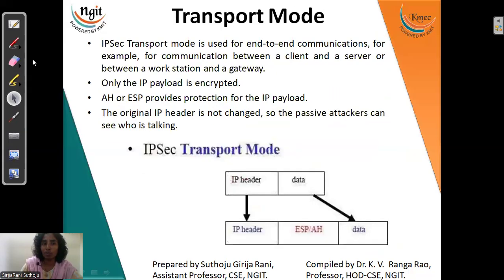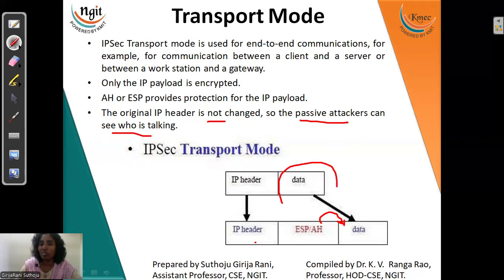Now coming to the transport mode. Here, as we are discussing direct communication from host A to host B, we need security in terms of ESP directly on the data, because here the IP address will not be hidden. Whatever the IP address is will be shown directly. Thus, the attackers can understand to whom we are connecting, because the original IP is not changed anywhere.